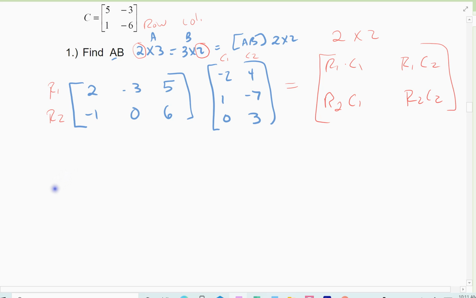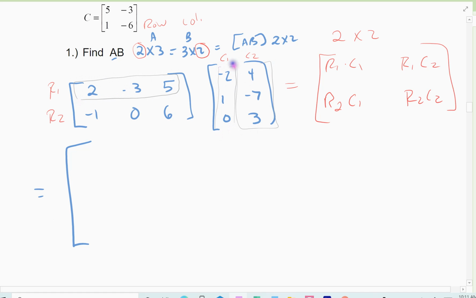So down here, I'm going to actually do the multiplication. I'm going to write it out. You might be able to do the math in your head, and that's fine, but I encourage you the first few times to write it out. Remember, I'm going to go my first row, and then each one of my columns.